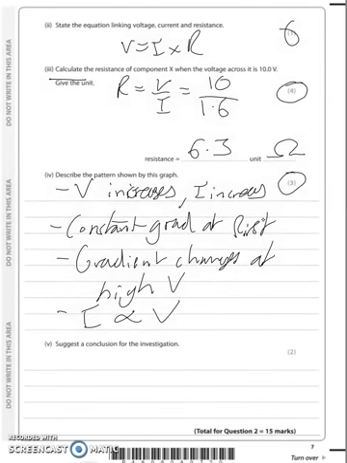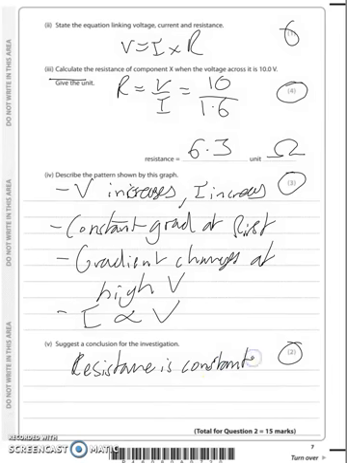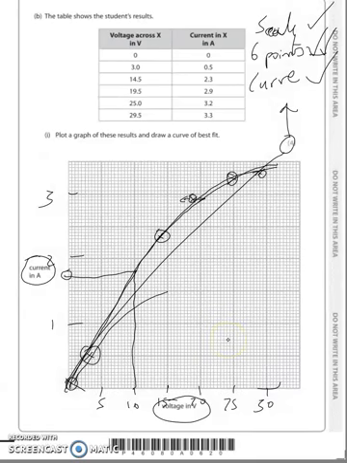Suggest a conclusion for this investigation. Well, they're looking for 2 points for this conclusion. Resistance is constant at first because V is proportional to I. In this case it's not that the gradient is constant.